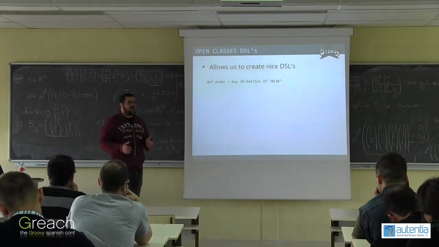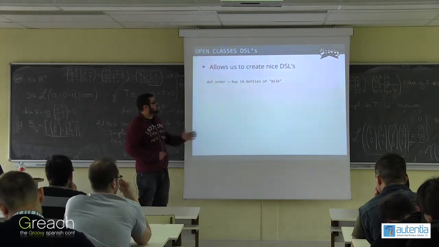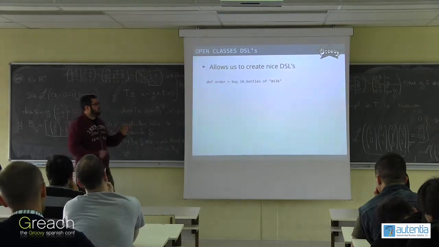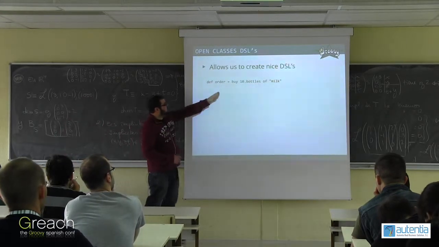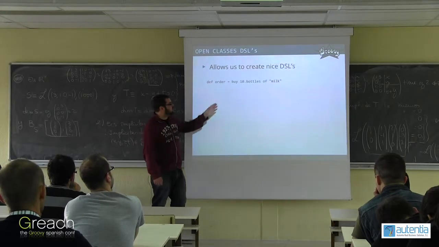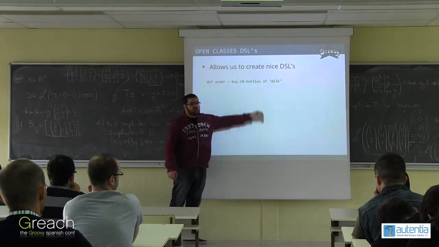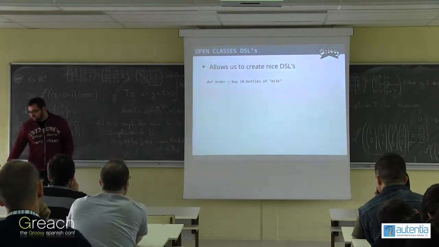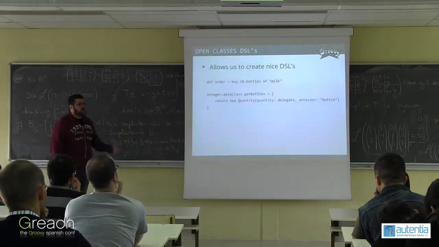But, well, why am I telling you this kind of method? Because it allows us to create very fine DSLs like this, almost like natural language. Buy 10 bottles of milk. Order 10 books of whatever. And it's quite easy.